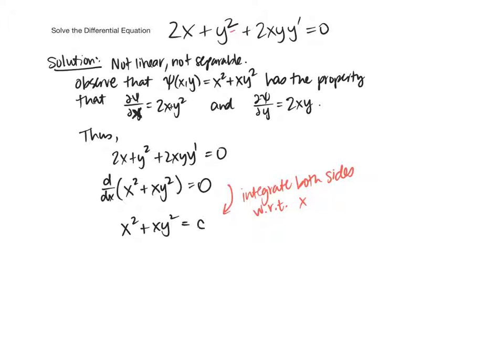It's just some constant. So this is my general solution. Now, it may not be super satisfying to look at this because you kind of want to solve for y, but you can't always solve for y. So it would be nice if we could solve for y, but you can't always. In this case, you kind of can.